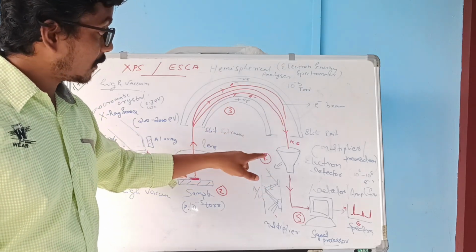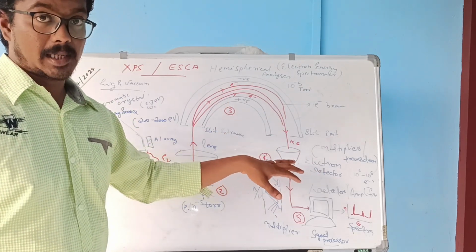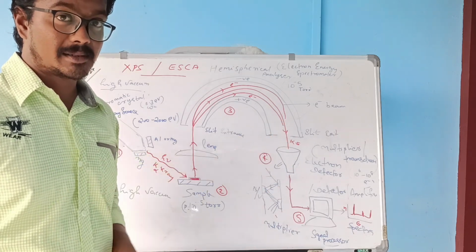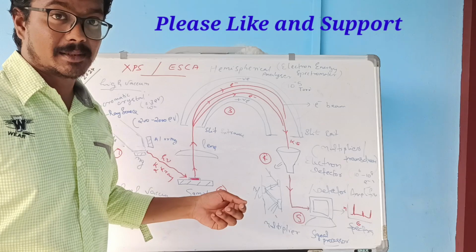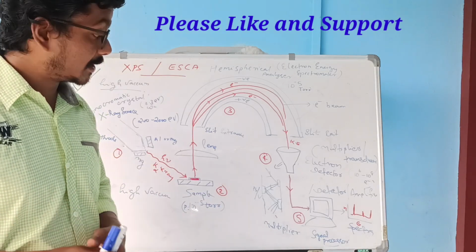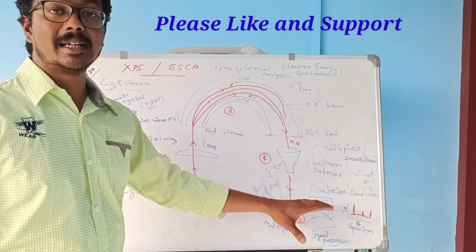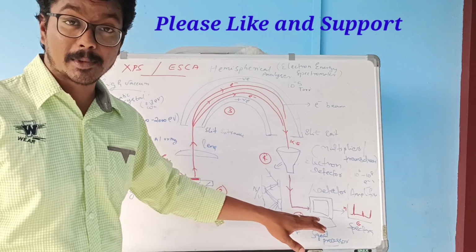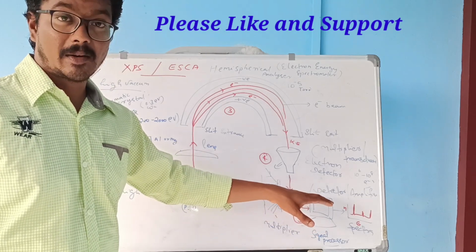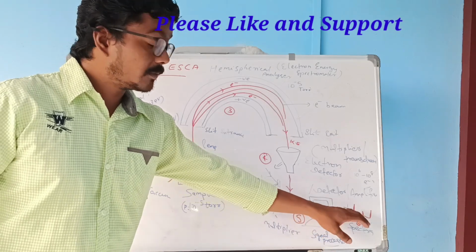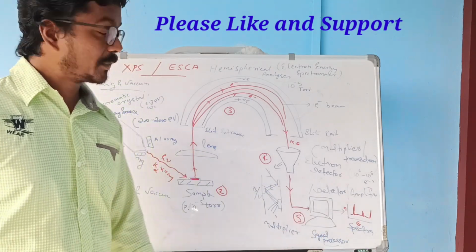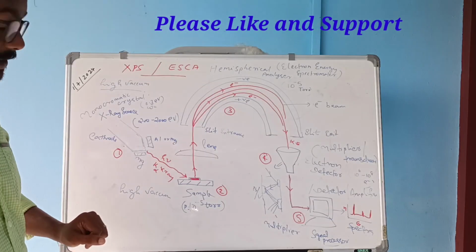Fourth is an electron detector, which can be a multiplier or a transducer to generate more pulses to get a more prominent result. Fifth is a signal processor or recorder, which can amplify the received pulses, and finally we get the spectrum. One by one, we will discuss.